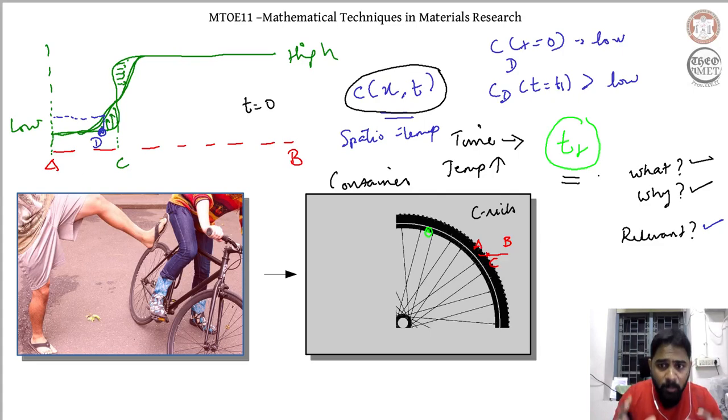So when I want to plan my operation, this operation is referred to as carburizing, or let's say it's just a heat treatment process.